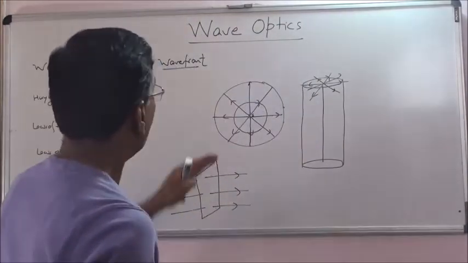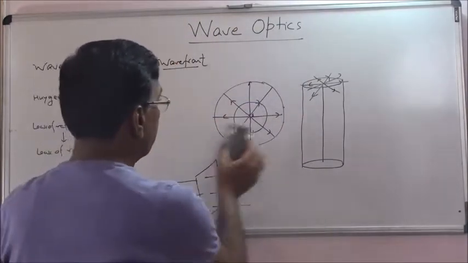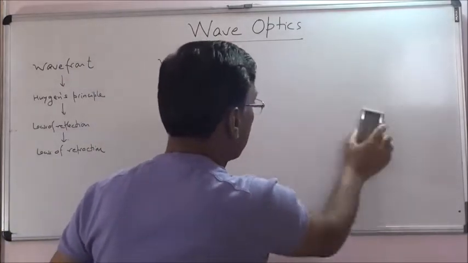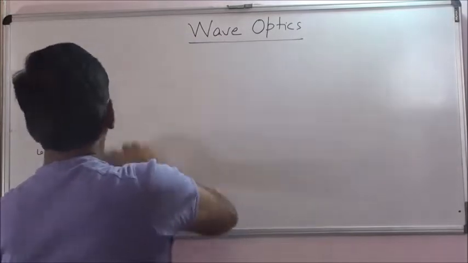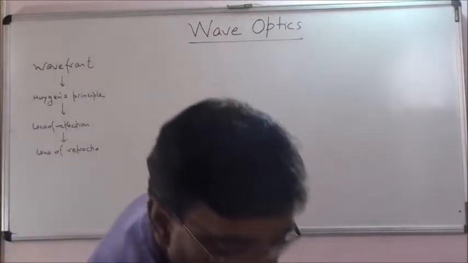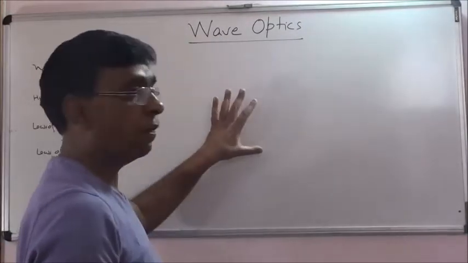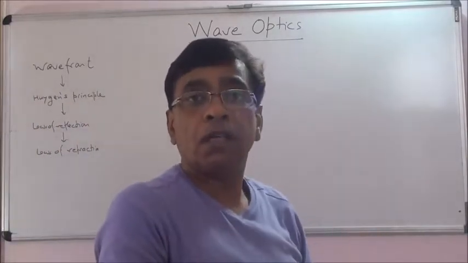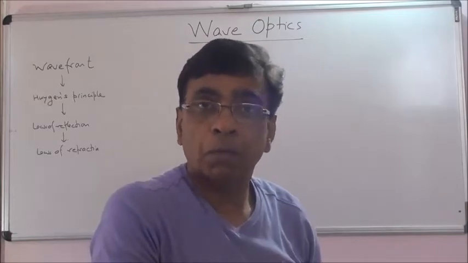Okay, now we have drawn the wavefronts for a point source and for a line source. How does this wavefront move onward and how is it related to wave propagation?